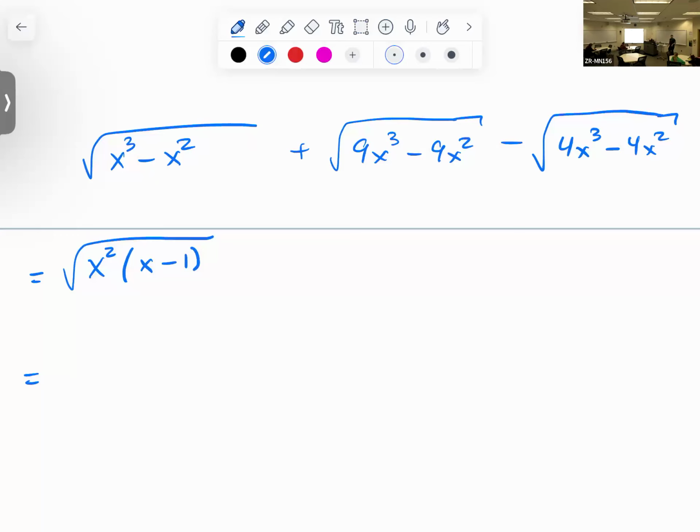The square root of x squared is x, so I can pull an x out, and that leaves x minus 1 underneath the radical. We're going to simplify all of them, one piece at a time. Same thing, greatest common factor on the next one.